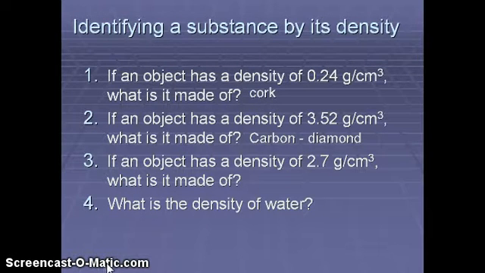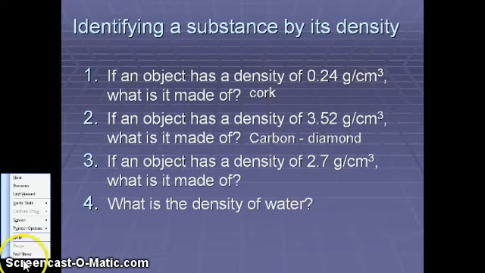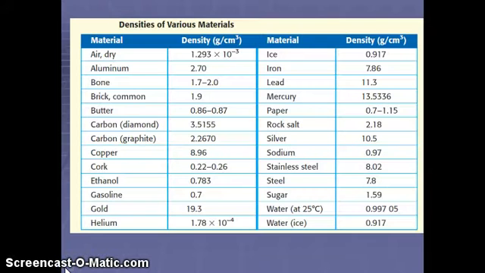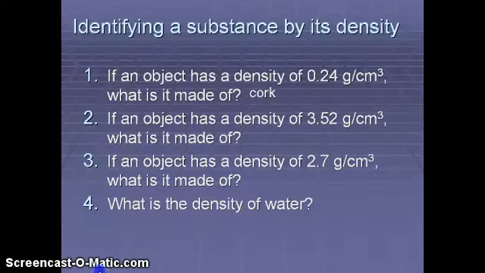It should be carbon, diamond. Okay, number 3, if an object has a density of 2.7 grams per centimeter cubed, what is it made of? You should know this from earlier in the PowerPoint. 2.7 is aluminum. So let's see if we're right.